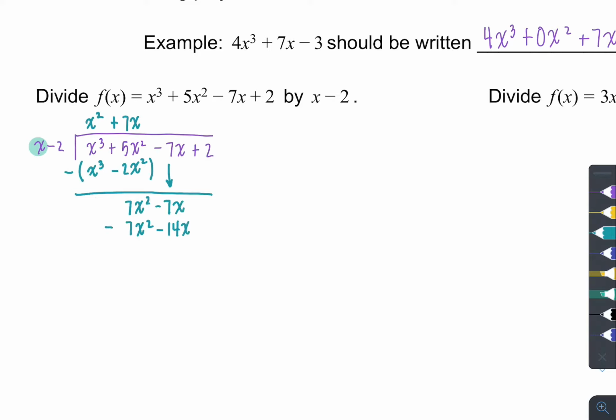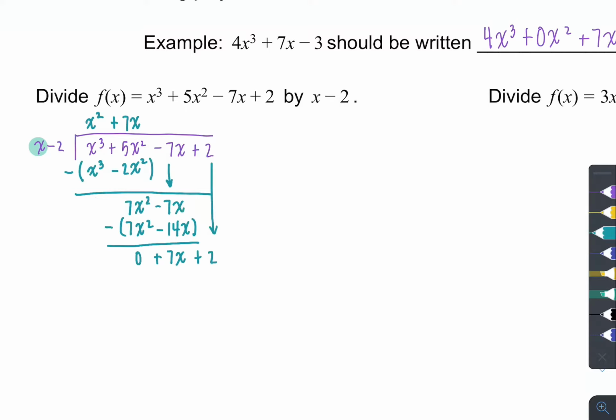Got ahead of myself there. And then we subtract. We have to put parentheses around this because we have to distribute that through. So this is 0 plus, because this is minus a negative, so we get plus negative 7x plus 14x is 7x. And then we drop down our next number, which is a 2.